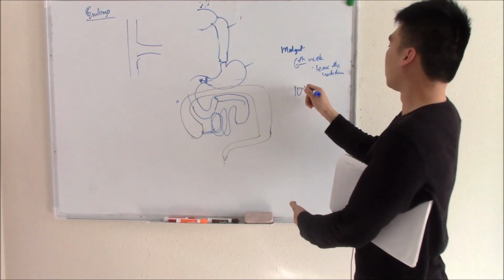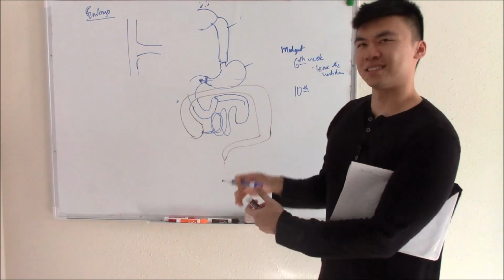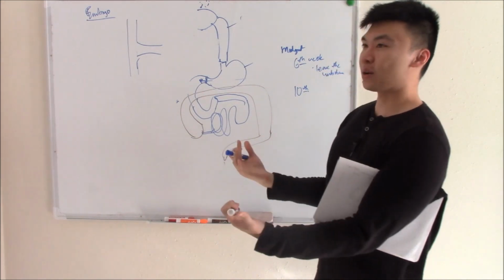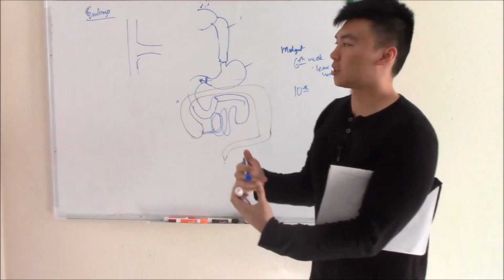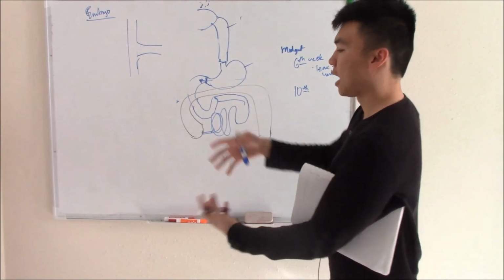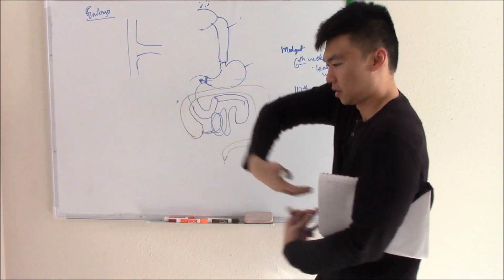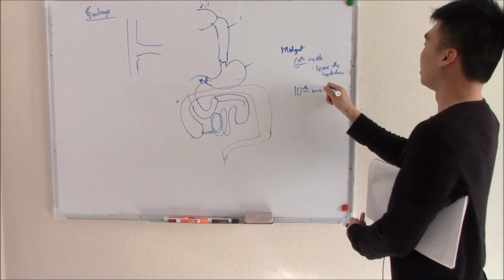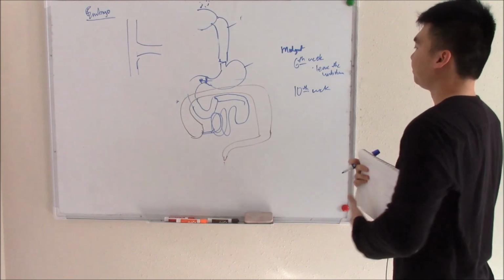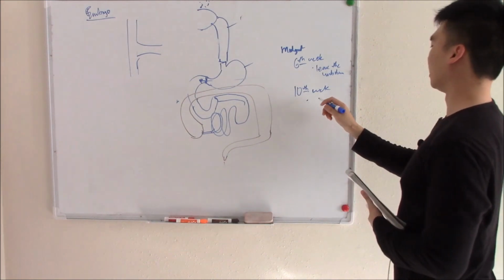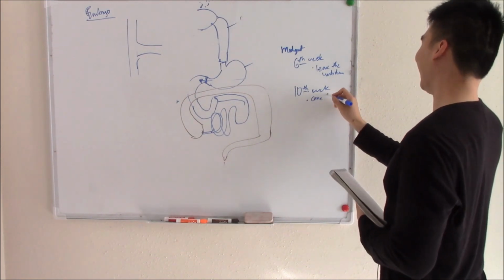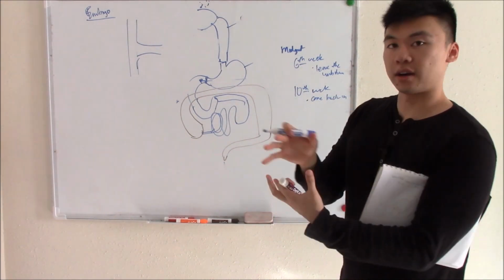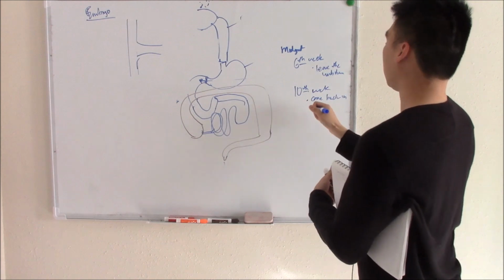And when you're 10 weeks old, you're a little bit bigger. All right, so you can accommodate that growing tube, and that tube will come back in. That's pretty wicked. So during the 10th week, your GIT will come back in. And it will rotate around the superior mesenteric artery, your SMA.